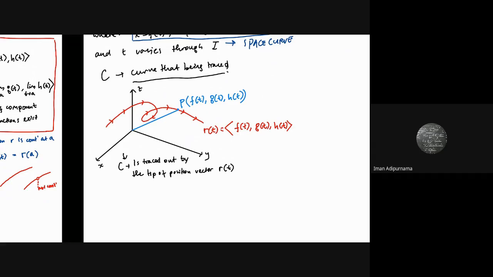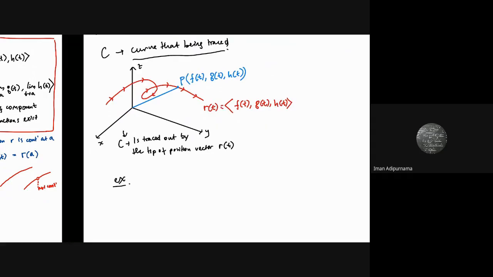And if you have r(t) equals (1 plus t, 2 plus 5t, minus 1 plus 6t), you can describe what kind of curve it will be in our 3D space. We can see from the equations that these are the parametric equations for x, y, and z.